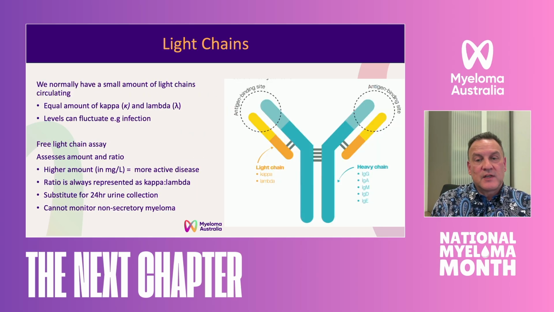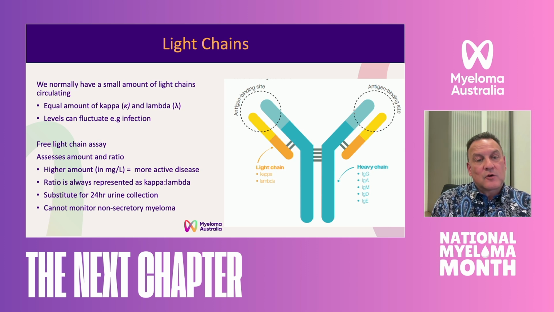Here we can see light chains in yellow, which are the small parts on the side that combine with the heavy chain to form the antigen binding site. Light chains are produced in normal people, and they can be detected in everyone's blood. The kappa and the lambda are usually about the same level in normal people.